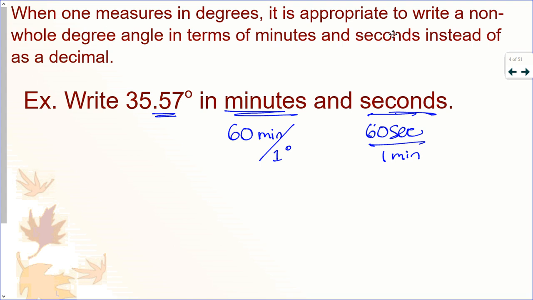So the way we calculate this decimal of a degree is we take the decimal part, which is 0.57, and multiply it by 60 to get the minutes. So 0.57 times 60 gives us the minutes.